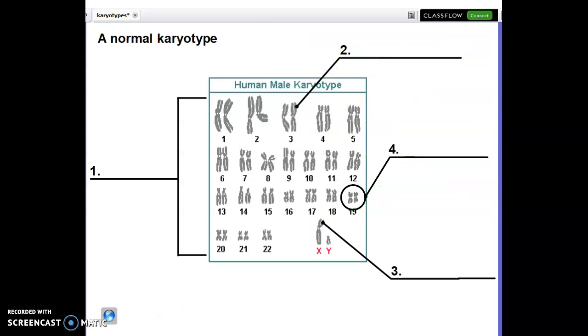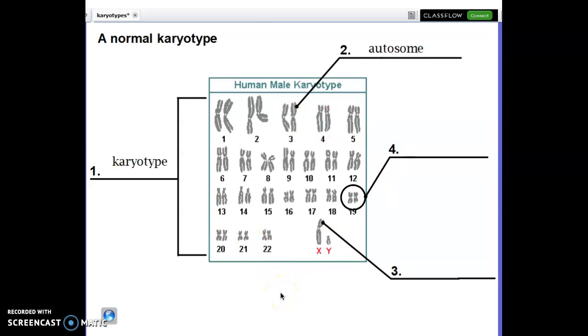Okay, so let's fill out these terms here so you know. This one here, this whole picture, is called a karyotype. Now the purpose of karyotypes is to determine if there's any genetic disorder. They will not do a karyotype just to figure out if it's a boy or a girl because it's a very expensive test. Okay, so all of these here, 1 through 22, these are called autosomes.